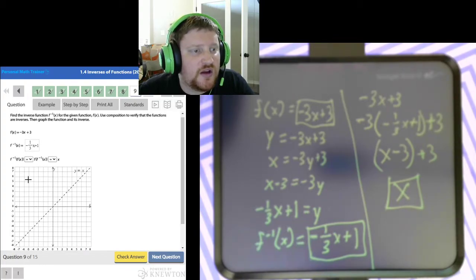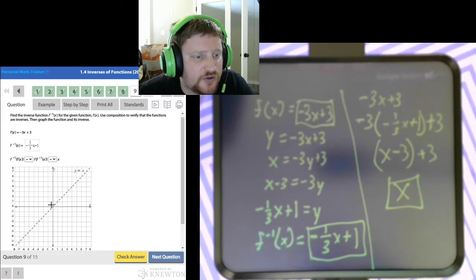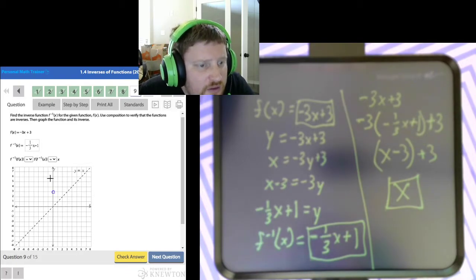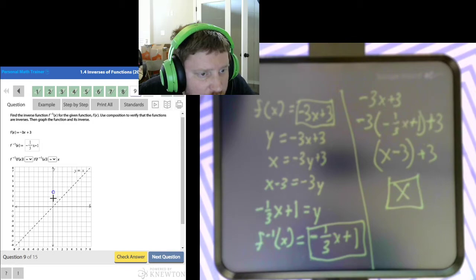This is a straight line. Our function is negative 3x plus 3. So our y-intercept is at 0, 3. And our slope is negative 3. So we need to go down 3, 1, 2, 3, go over 1.